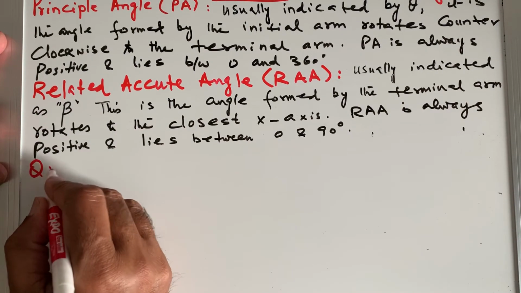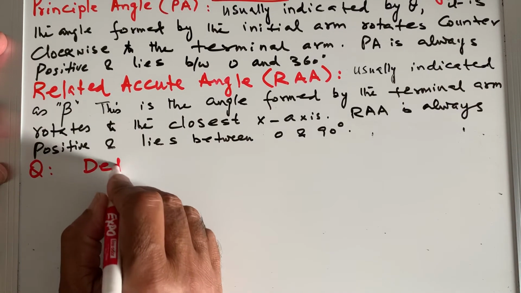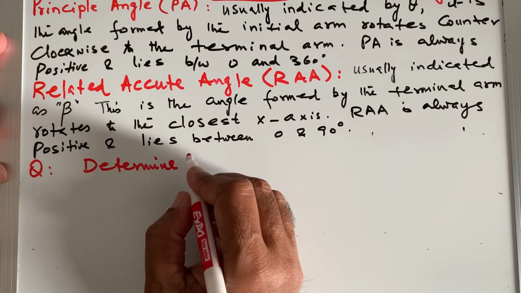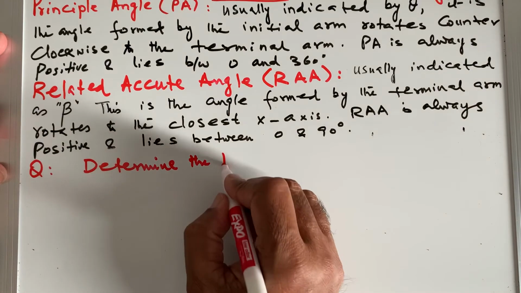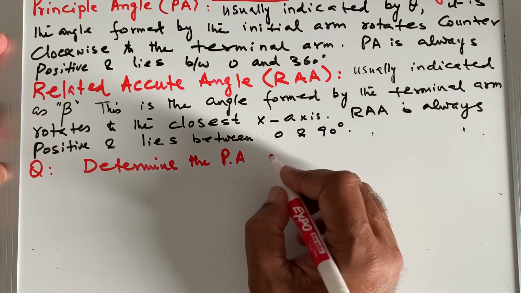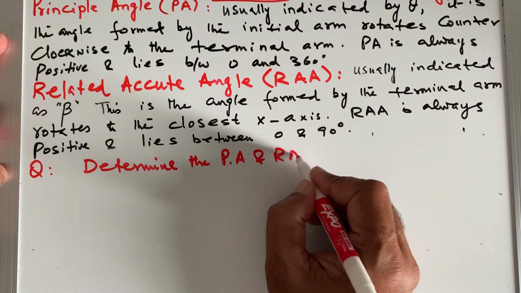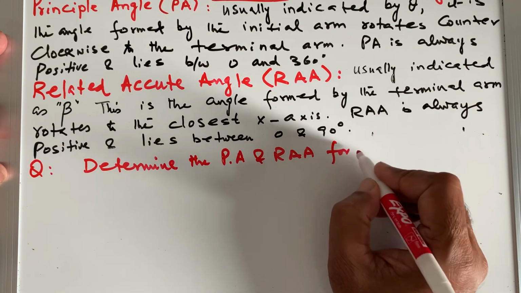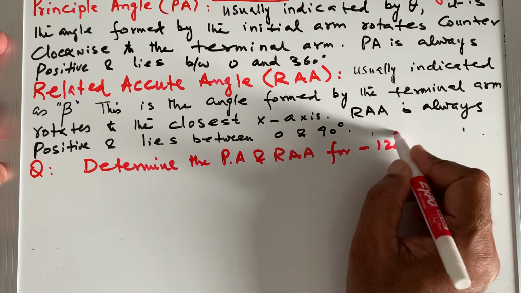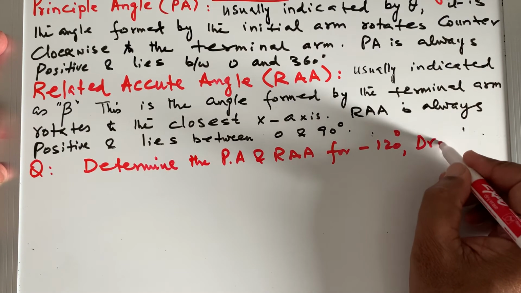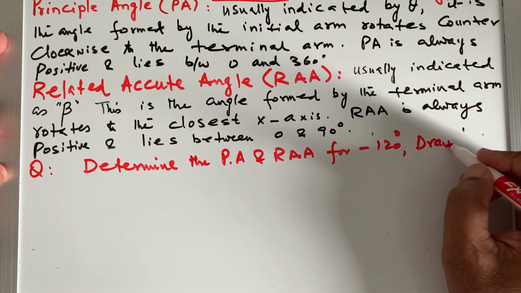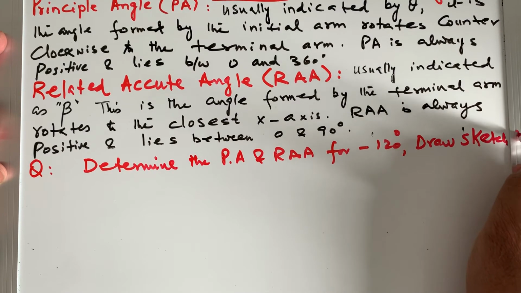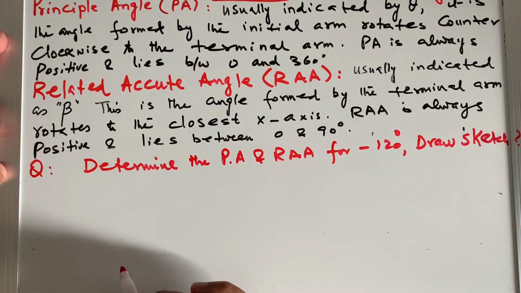So the question is: determine the principal angle PA and the related acute angle RAA for minus 120 degrees. Draw the sketch.